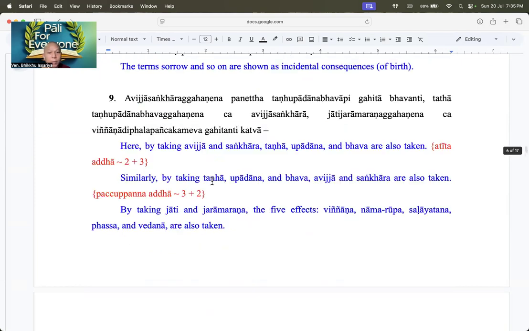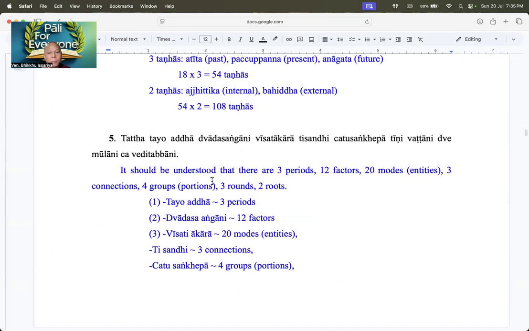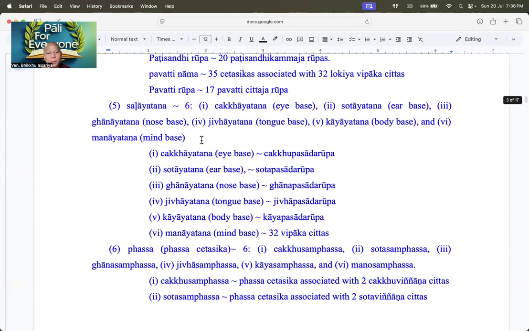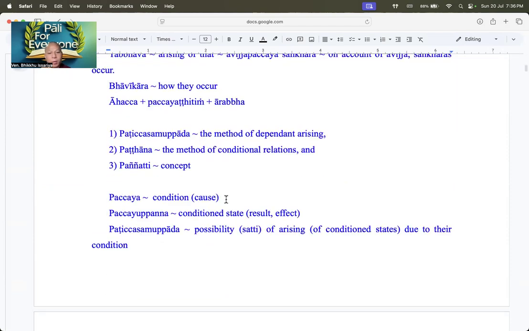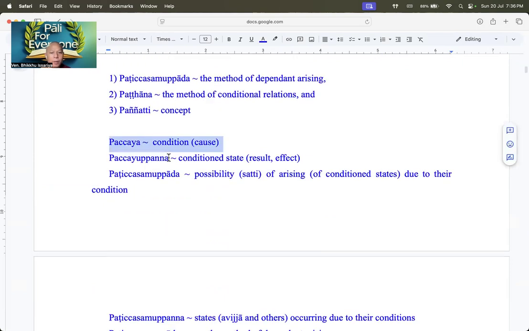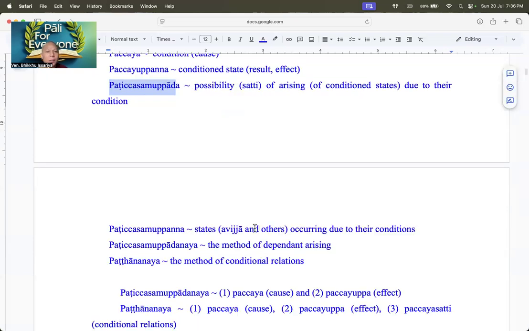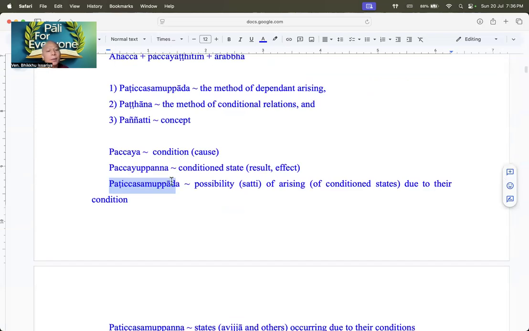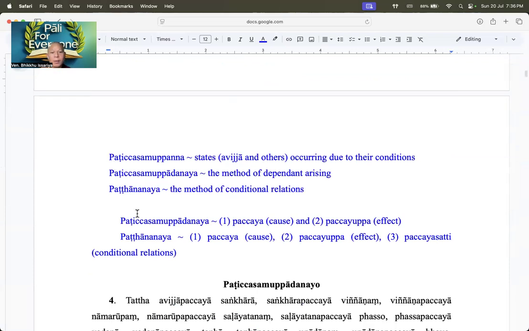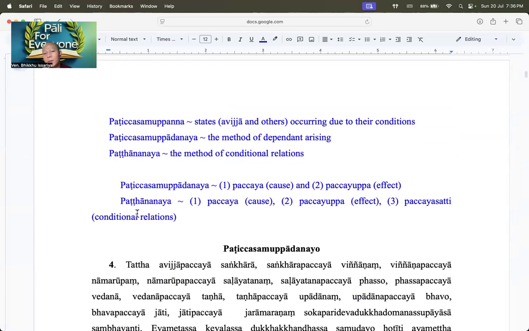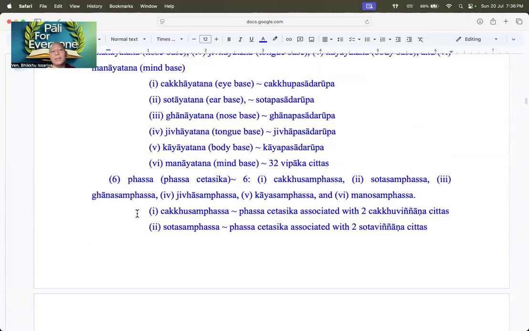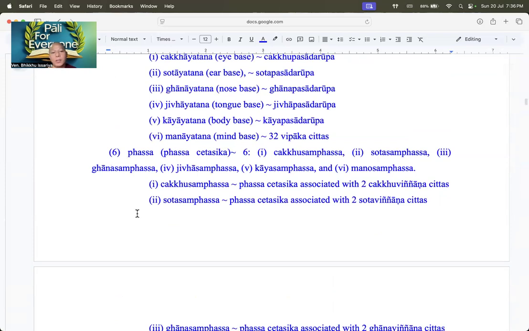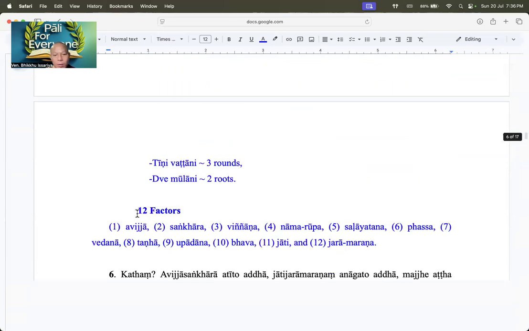Paccaya means cause or condition, and paccayuppanna means conditioned things. And also paccaya satti is how we all support, we all condition in this way. Later we will learn the detail. So now this stanza.